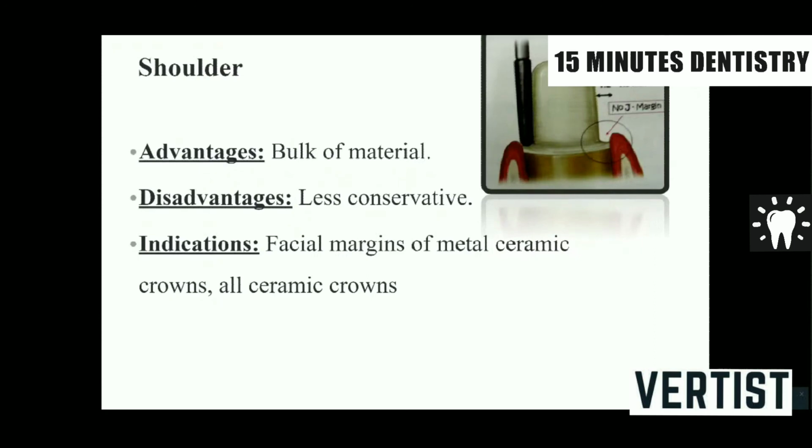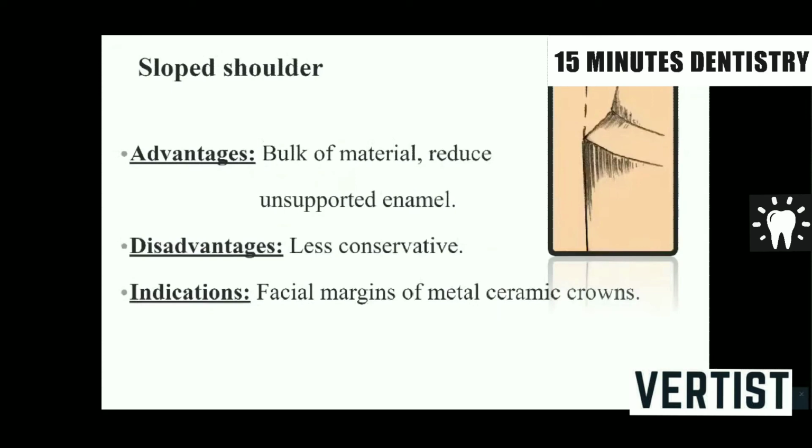In those situations, we would prefer to use a shoulder finish line. A sloping shoulder also provides a bulk of material, reduces the unsupported enamel, it is less conservative, and it is also used in the facial margins of metal ceramic crowns.